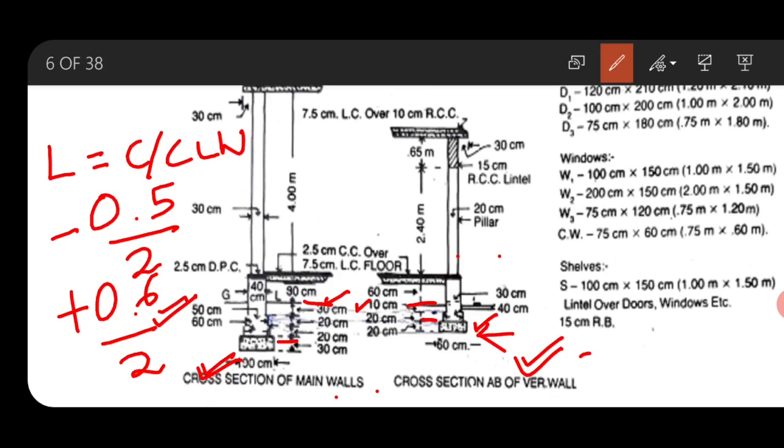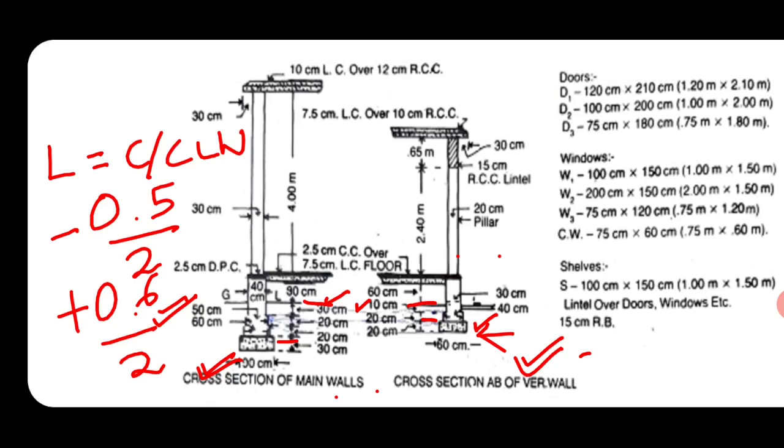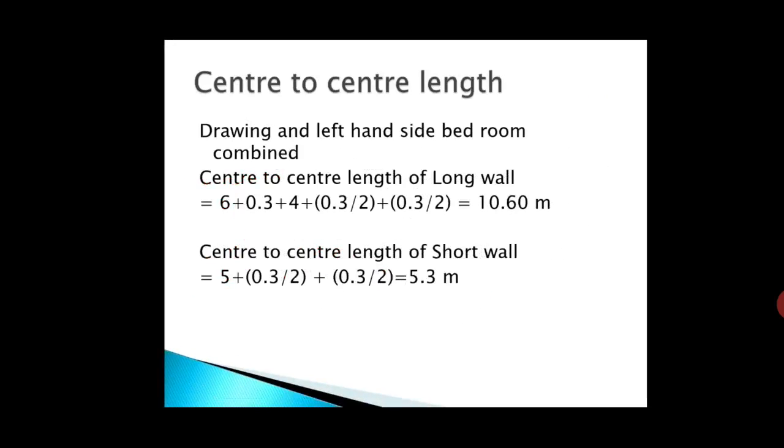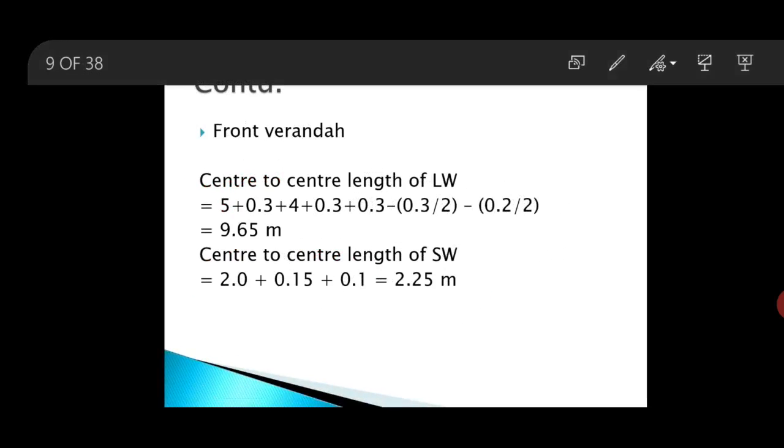So what is the center to center length of the long wall of the front veranda? Front veranda center to center length of the long wall is 9.65 meter.